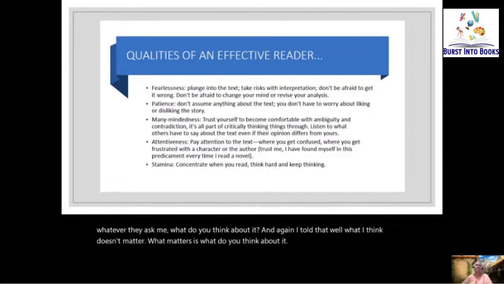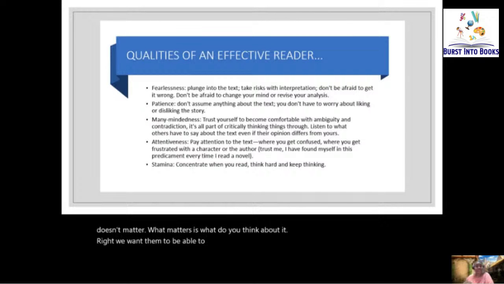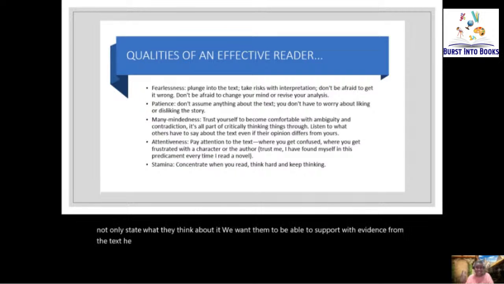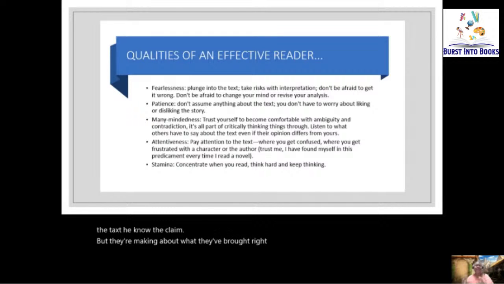Right? We want them to be able to state what they think about what they've read, but not only state what they think about it, we want them to be able to support the claim that they're making about what they've read with evidence from the text. And again, all this ties back into close reading, right?